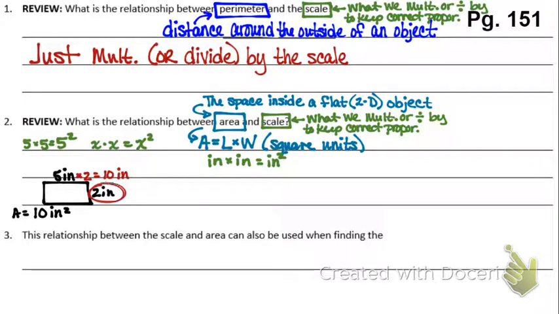What about this side? 4 inches. So if I drew a new rectangle that was 10 inches by 4 inches, what would my new area be? 40 inches squared.